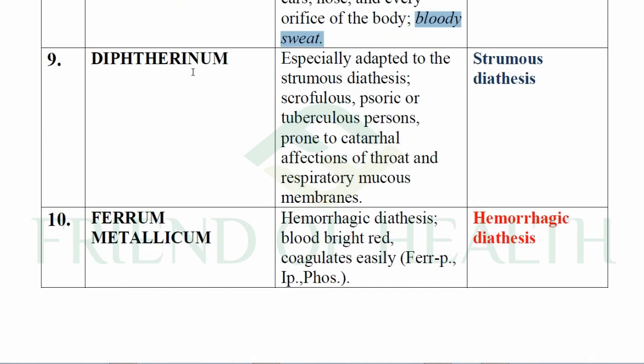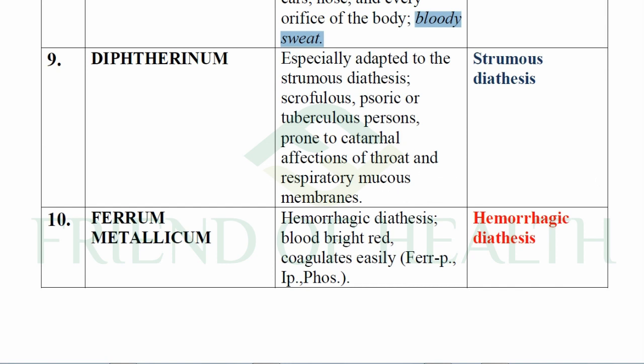Next is Diphterinum. One interesting diathesis, Strumous diathesis. You can say it is similar to scrofula or scrofulous diathesis, but again the term used is Strumous diathesis. Especially adapted to the Strumous diathesis, scrofulous, psoric or tuberculous persons, prone to catarrhal affections of throat and respiratory mucous membranes.